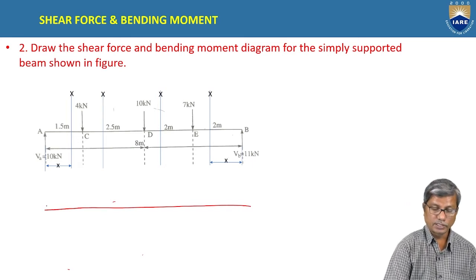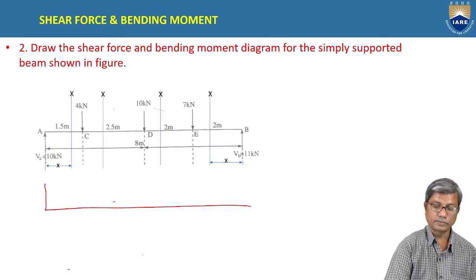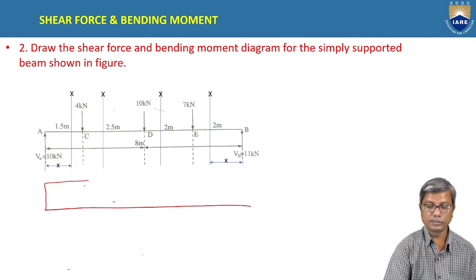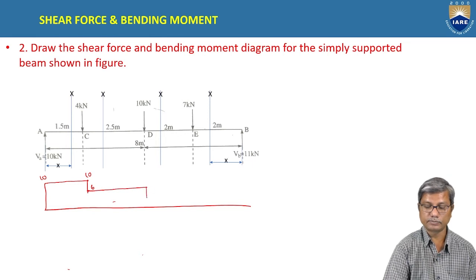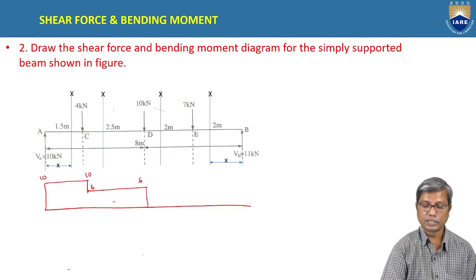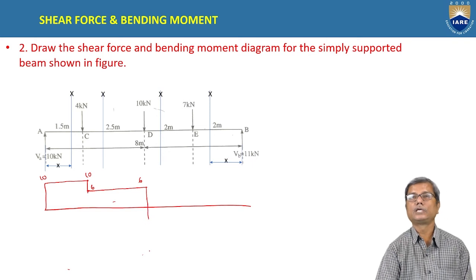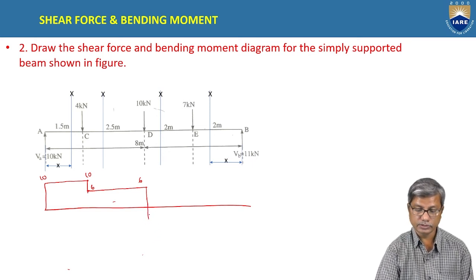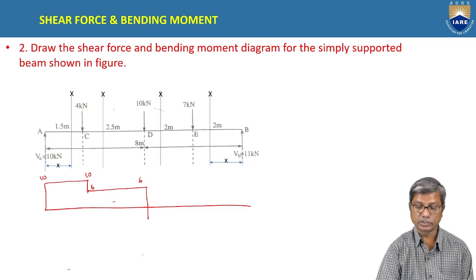So starting from A, the shear force is 10 and between A and C it is the same. And here there is a drop in the value of shear force to 6, which remains the same up to D. And at D, there will be a drop in the value of shear force by 10. So 6 minus 10 is minus 4.